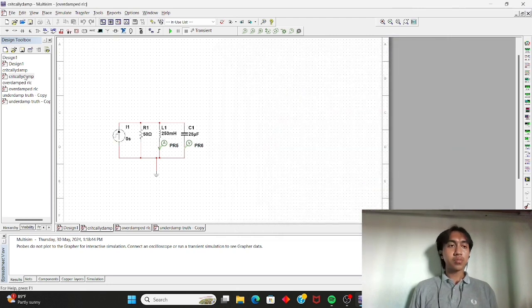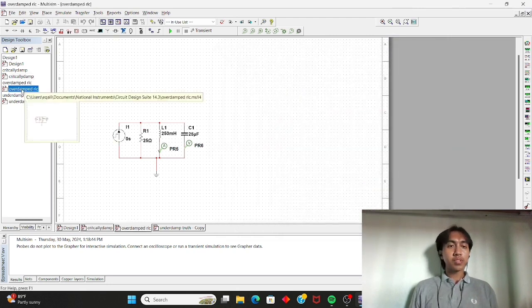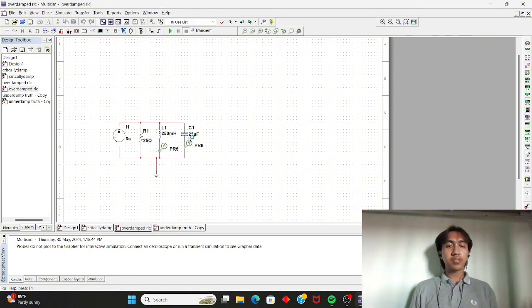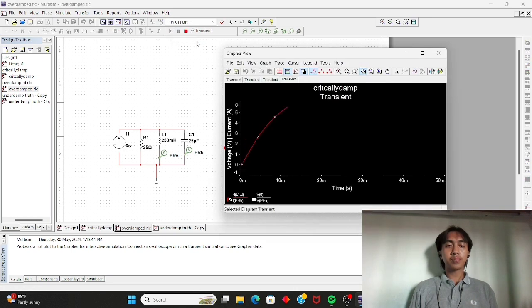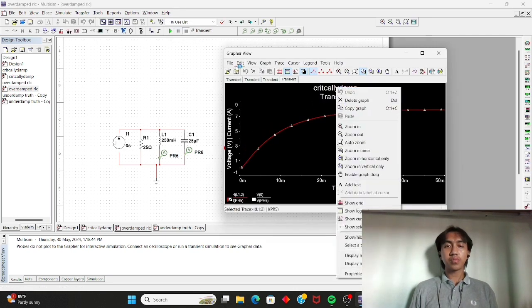After that, we go to the overdamped circuit. For the overdamped circuit, we use 25 ohm and 250 millihenry. This value is still the same. This is our current notation and voltage notation. So we run this overdamped circuit.